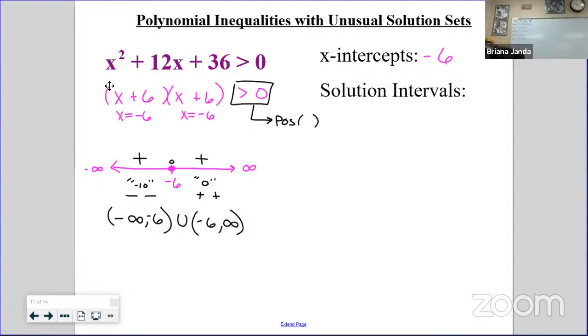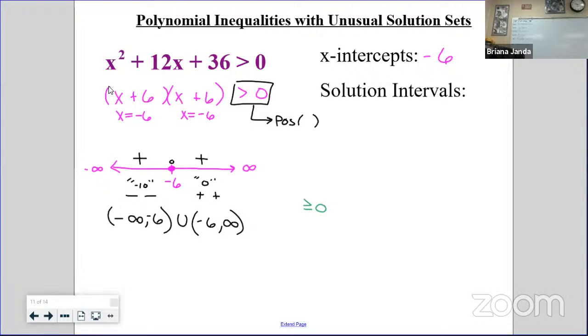Questions on that? Since we already did all the work for this, I want to give you a little bonus question here. What if I did change it to greater than or equal to 0? If it's greater than or equal to 0, this would change into what symbol? A bracket. But if I get it included, do we even really need to stop there?